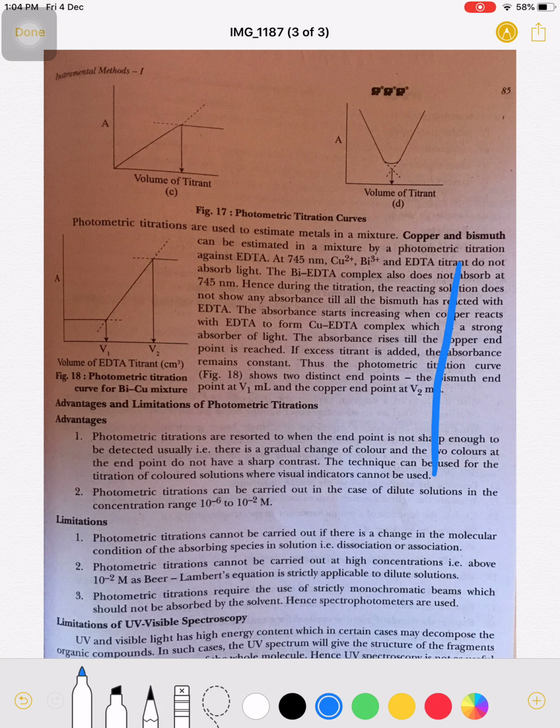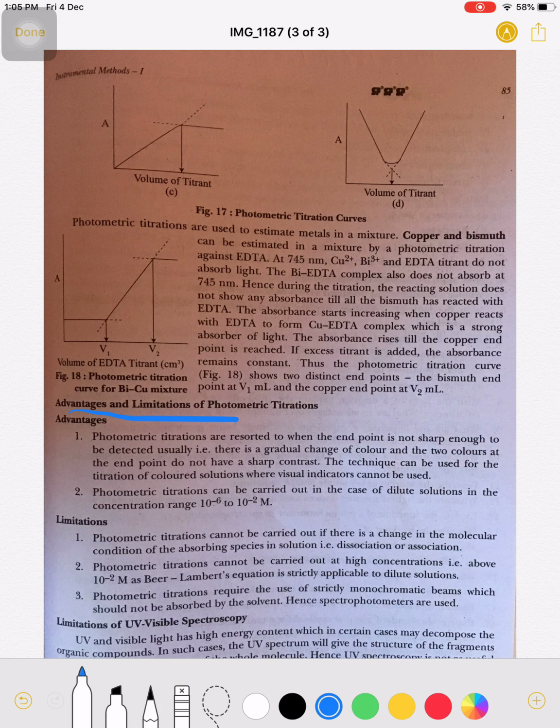The last topic is the advantages and limitations of photometric titration. Now see the first advantage. Photometric titrations are resorted to when the endpoint is not sharp enough to be detected usually. That is, when the endpoint in a normal titration curve is not sharp, then we use photometric titration.